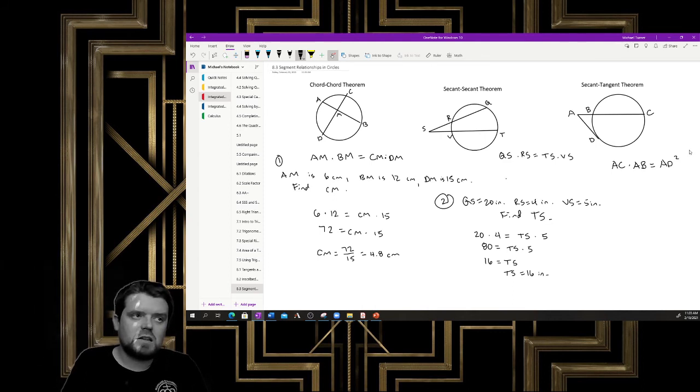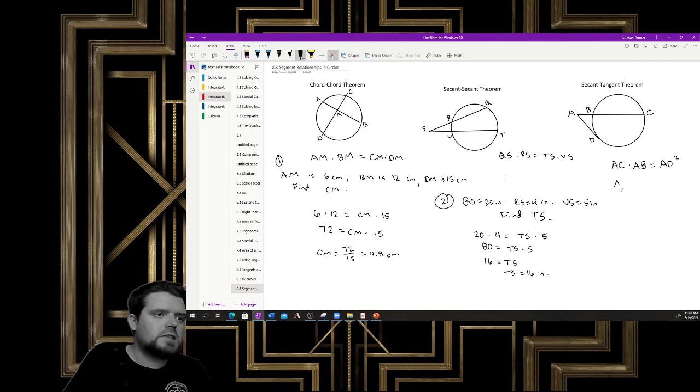So same thing, as long as I give you two of these variables, you should be able to find the third. So let's say AC is 25, AB is 4. I want you to find AD.